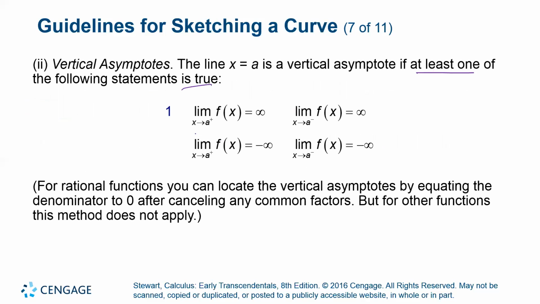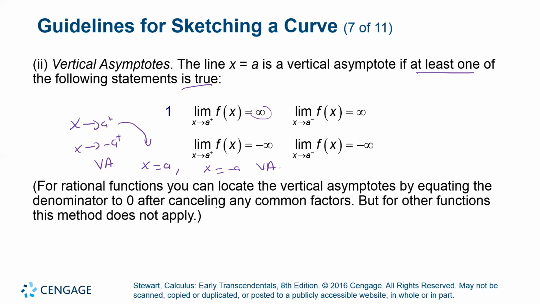That means if I take the limit as x goes to a from the plus side, or as x goes to negative a from the plus side, and you get infinity, then x equals a, in the first case, is a vertical asymptote, and x equals negative a would be a vertical asymptote.